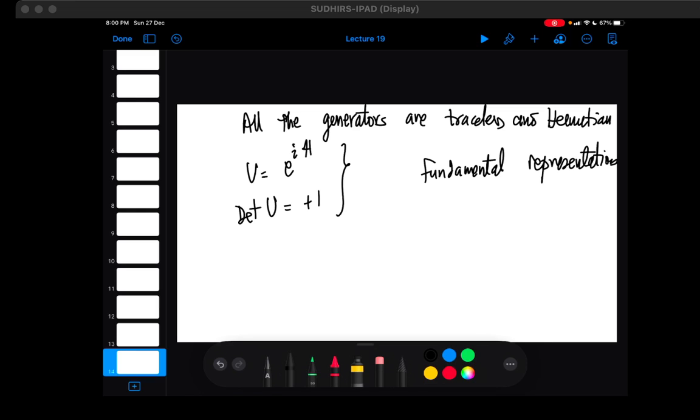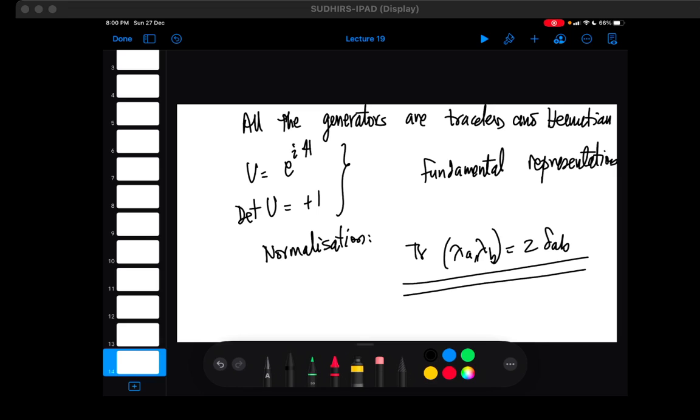The normalization of the generators is such that the trace of lambda A lambda B is equal to 2 delta AB. The product of the two is equal to 2 delta AB.